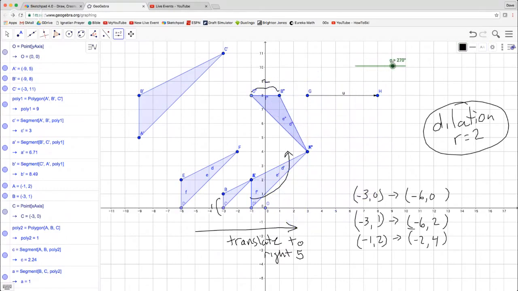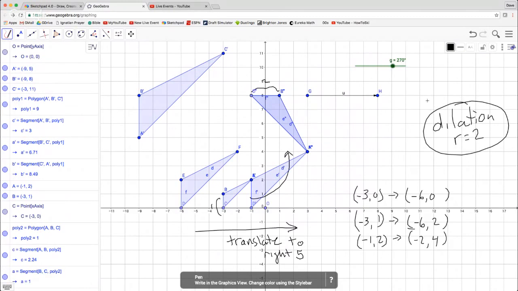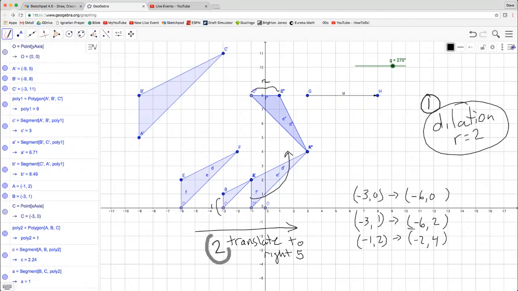we did 3 things. So if you recall, what did we have to do in addition to just bearing with me through this craziness? The first thing that we had to do is we dilated it by 2. The second thing we did is we translated it to the right by 5 to get from this triangle to this triangle.